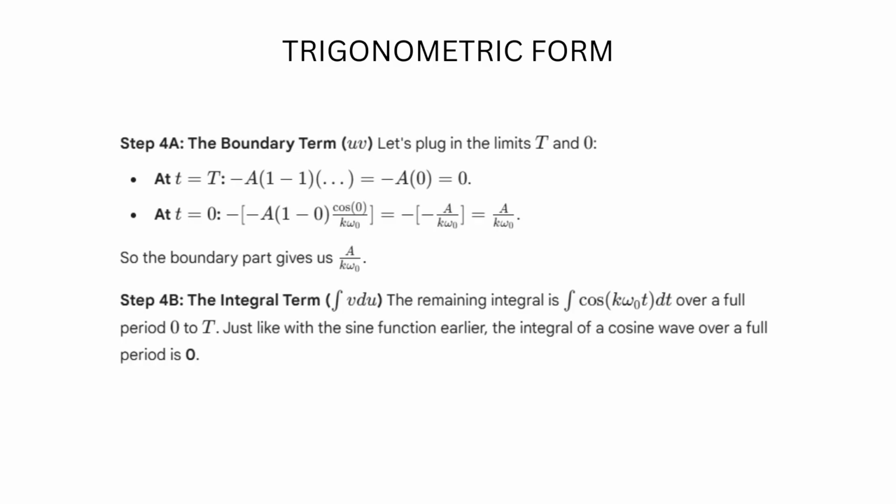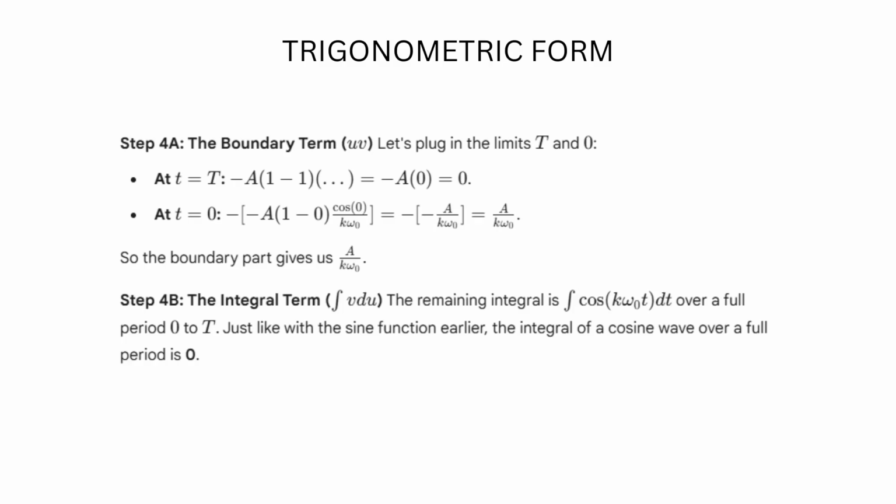So for step 4a, the boundary term uv, at t equals big T, negative A times 1 minus 1 equals negative A times 0 equals 0. At t equals 0, negative bracket, negative A times 1 minus 0 times cosine of 0 over k omega naught equals negative bracket, negative A over k omega naught equals positive A over k omega naught.